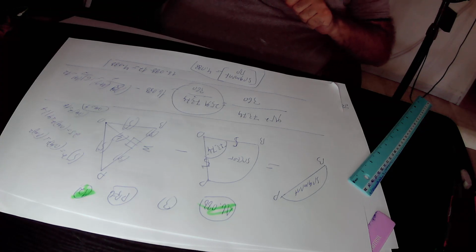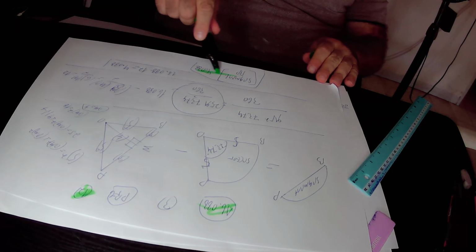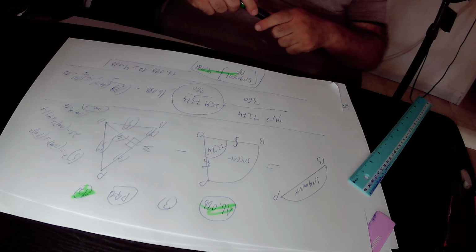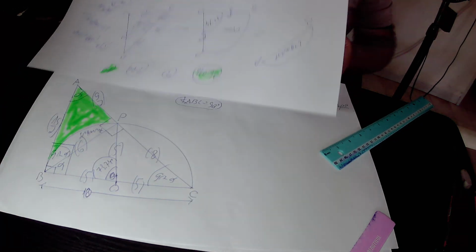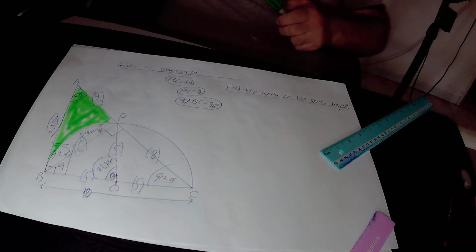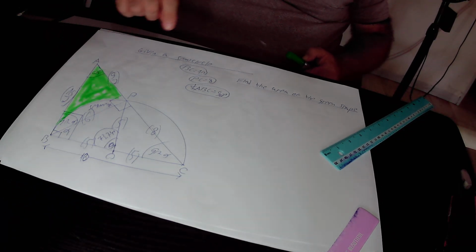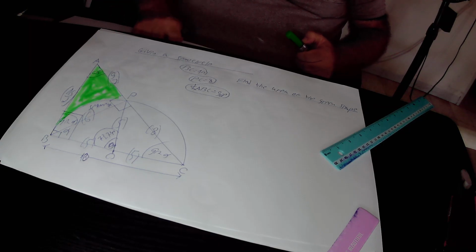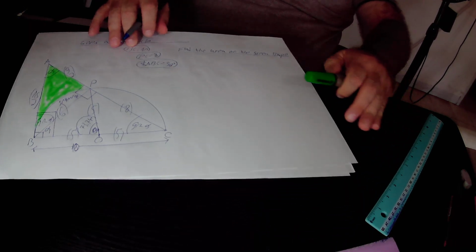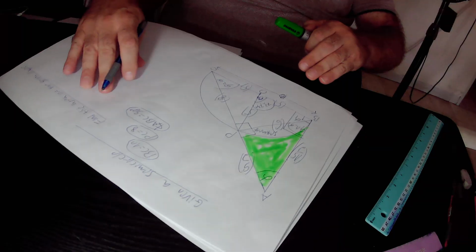Again, the area of segment BP is equal to 4.088 square units in its size. Our task is to find out the area of this green shape. So what is the area of the green shape?